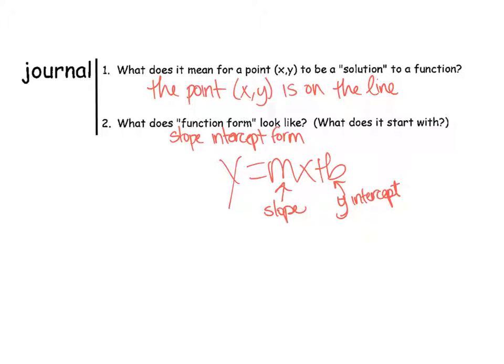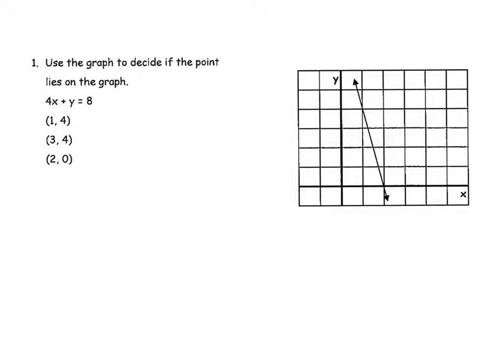Okay. So the first thing we're going to do in this lesson is we're going to talk about knowing if a point lies on a line. So I am given the equation 4x plus y equals 8. That means that my x and y are on the left. And I need to look at my points. 1, 4, x, y. And plug it in.